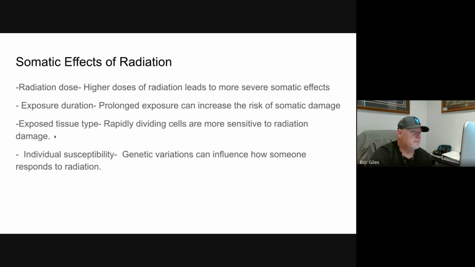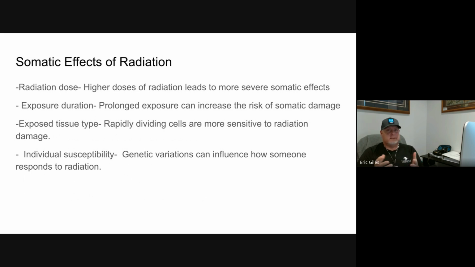Radiation dose. The higher the dose of radiation leads to more severe somatic effects, and that's just common sense. The higher your doses, the more of a risk you have for those effects. Exposure duration. Prolonged exposure can increase the risk of somatic damage.